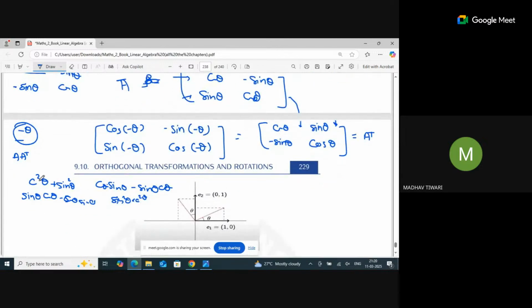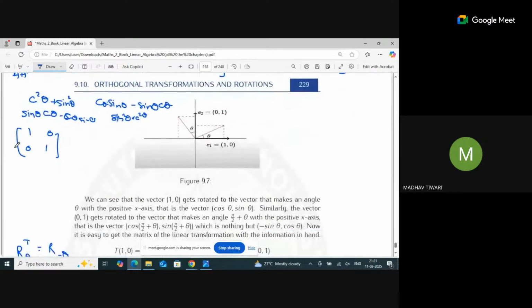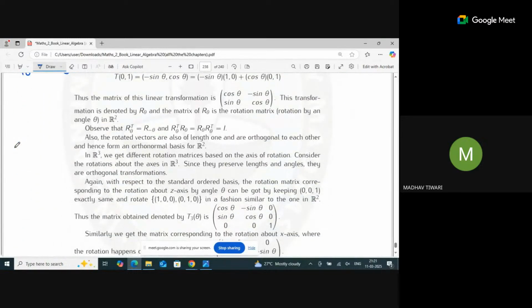So the result is an identity: 1, 0, 0, and 1. So what I can conclude is that if I multiply these, I get an identity matrix. If I do it vice versa as well, I still get the identity matrix. This is the case for 2 dimensions, in R2 space.